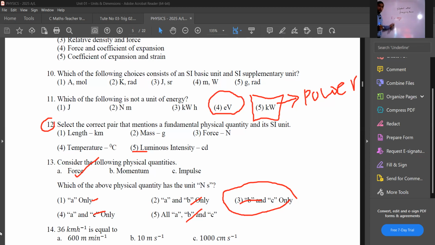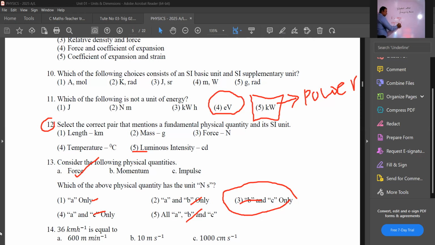You will learn this one in mechanics. Force is equal to change in momentum in unit time. So it is equal to change in momentum over t. If I make momentum change the subject, it is equal to F into T. Momentum change is a momentum.